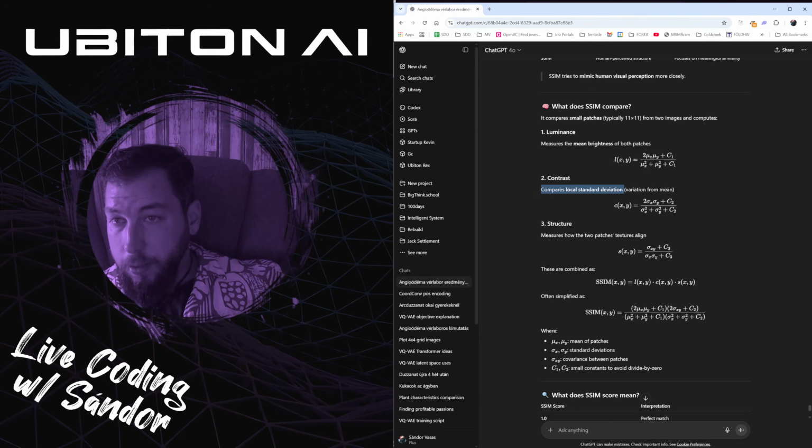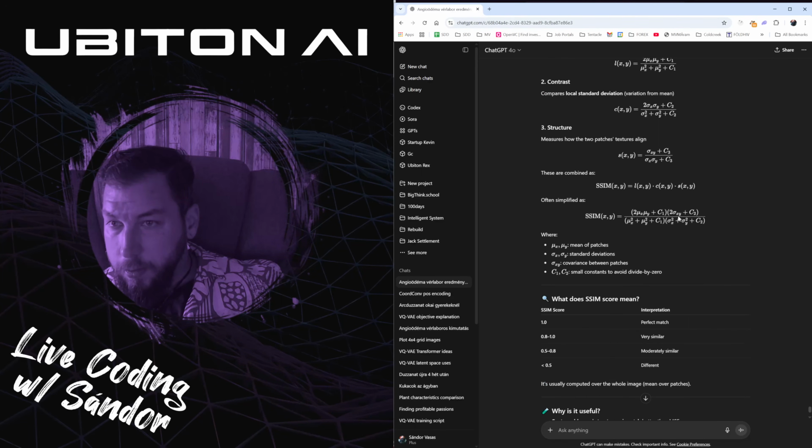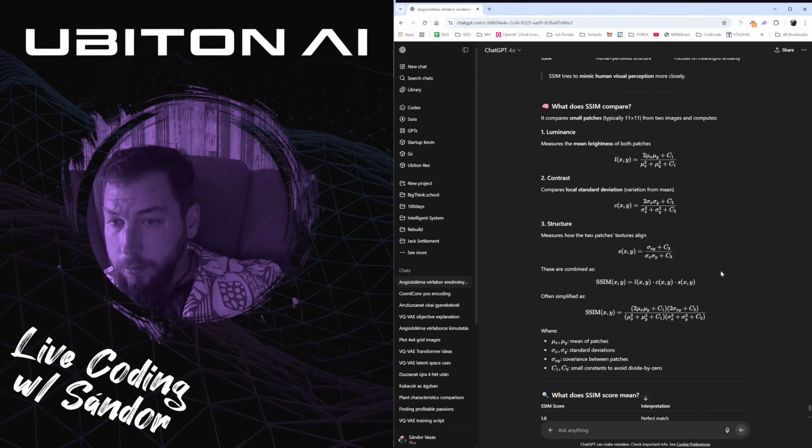Compares local standard deviation. And structure measures how two patches' textures align using the covariance and the standard deviations, and then they are multiplied together basically, and simplify. This is a big formula. When broken down into these, it's much more understandable, but this is probably faster.